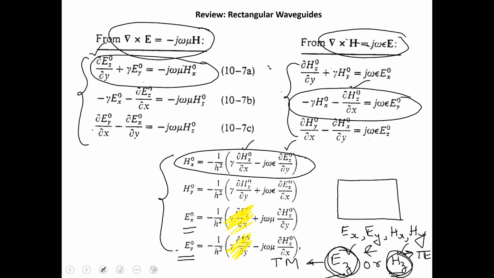So what does Ex depend upon? Ex depends upon the derivative of Hz with y. And what does Ey depend upon? It depends upon the derivative of Hz with x, the opposite direction.